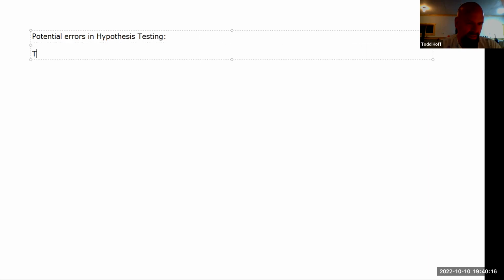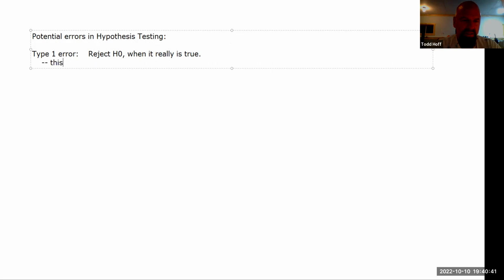So first, there's what we call a type 1 error. A type 1 error can only occur when you reject the null hypothesis. And what it is: we reject H0 when it really is true. So there is a chance that we could reject the null hypothesis even though it was true.